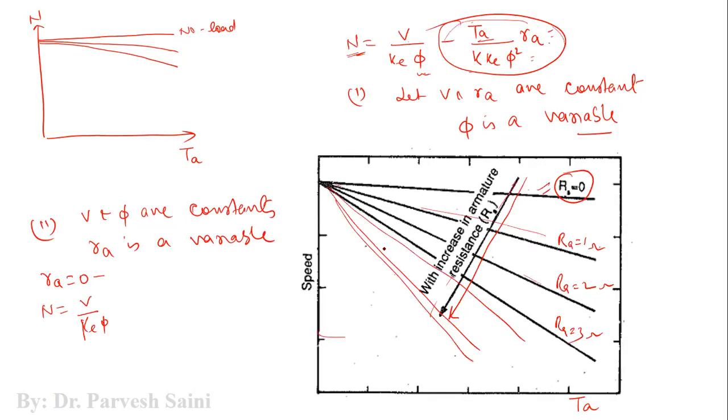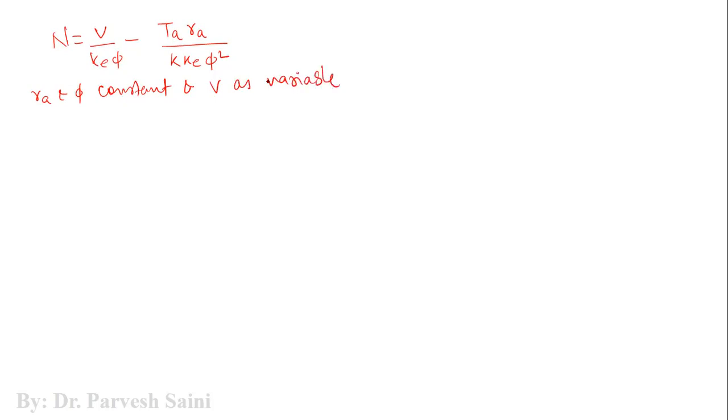Now, the third case. We write the equation once again: N is equal to V upon K E phi minus Ta Ra divided by K E phi square. Here, if we keep Ra and phi constant and V as variable, that means we vary the applied supply voltage of the DC motor.